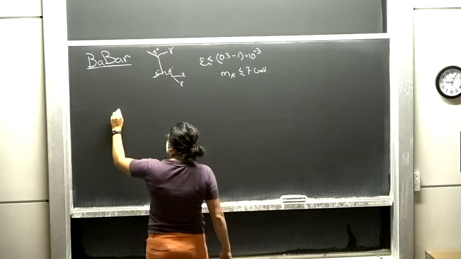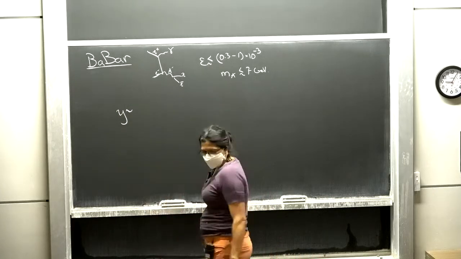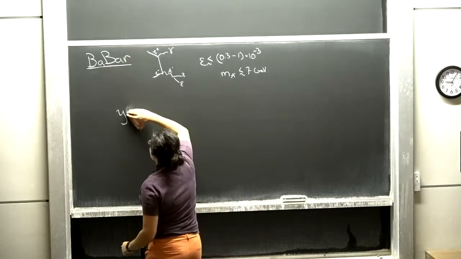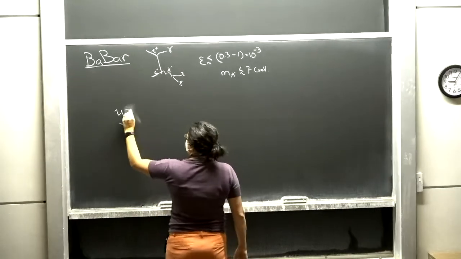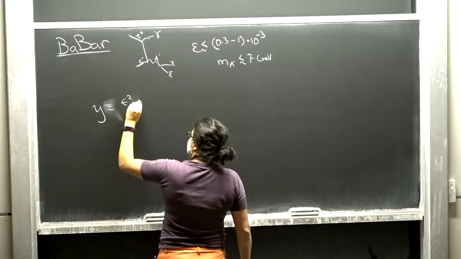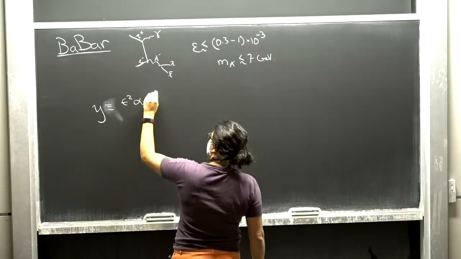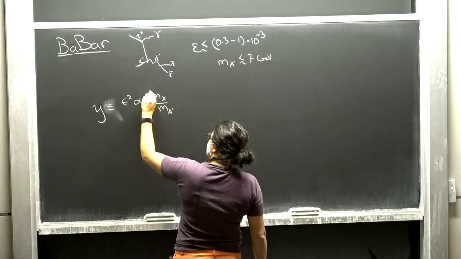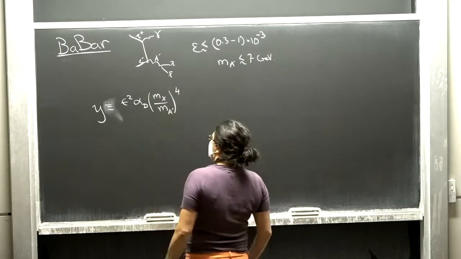Just to remind you, those were roughly on the level of this variable y, which is a dimensionless combination, epsilon squared times the dark sector coupling times this mass ratio to the fourth.